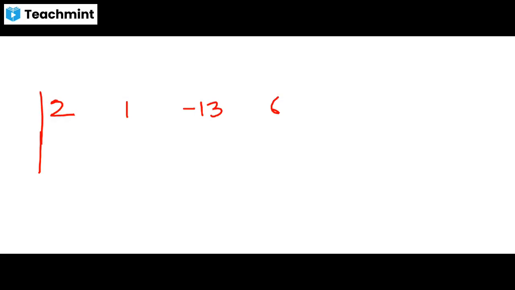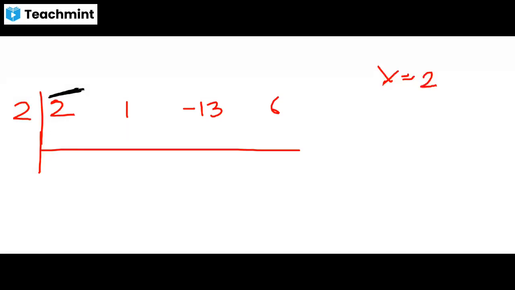Draw two lines like this, and your one of the roots was x is equal to 2, right? 2 here. Okay, so now bring this first coefficient directly below here.